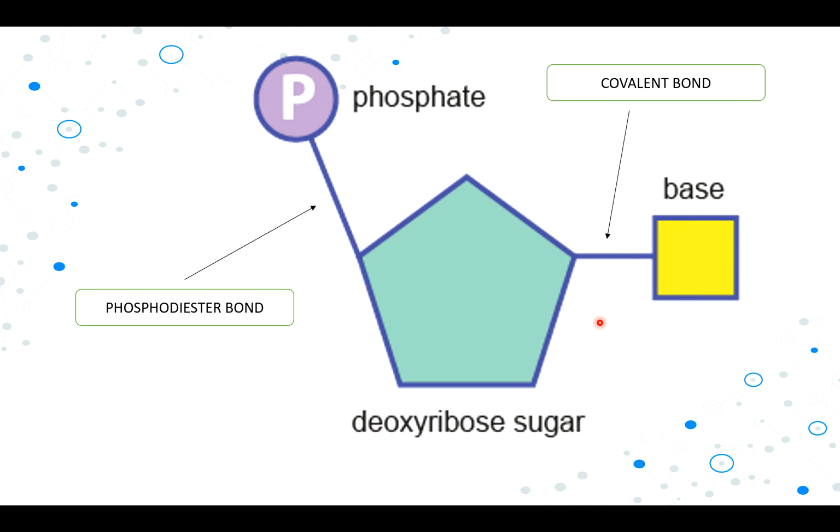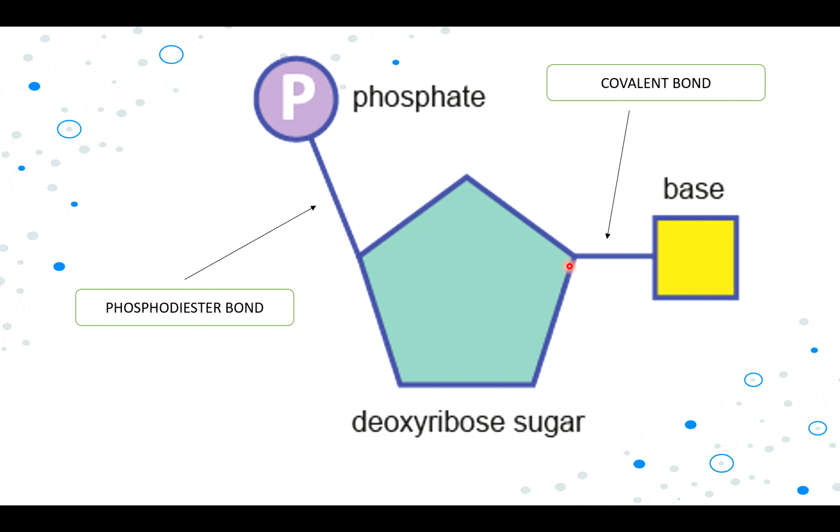Well, you can see there are three basic structures. First is the base, also called the nitrogenous base. This pentagon structure symbolizes the pentose sugar, which is deoxyribose sugar in the case of DNA. And this circular part is the phosphate. You can see that the base is connected to this particular corner.